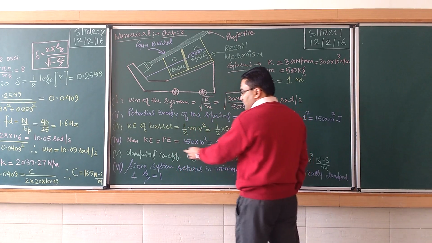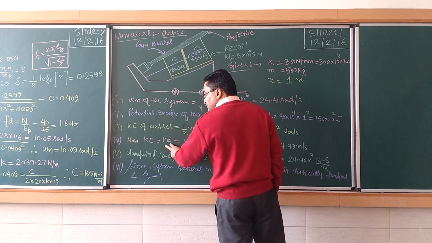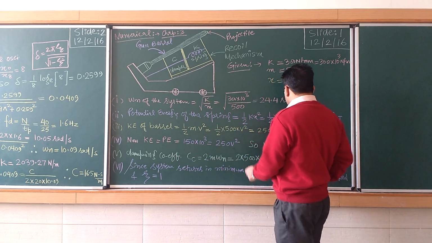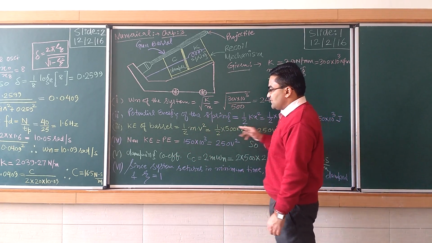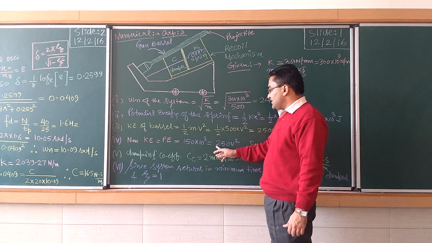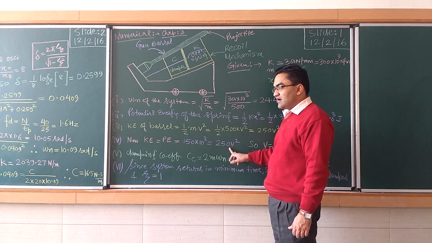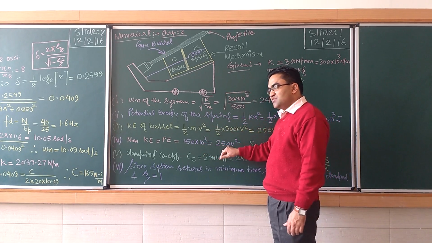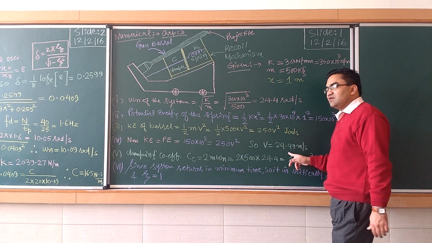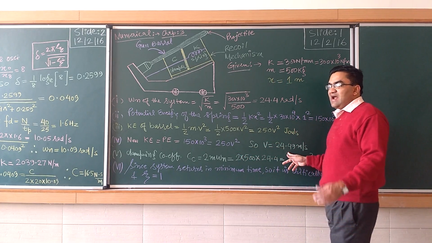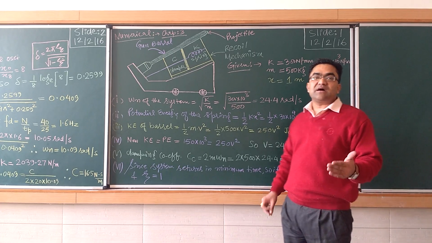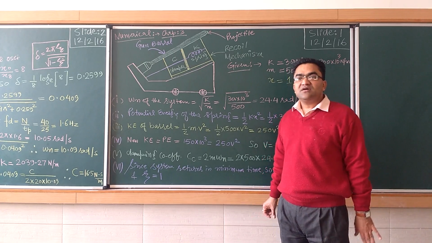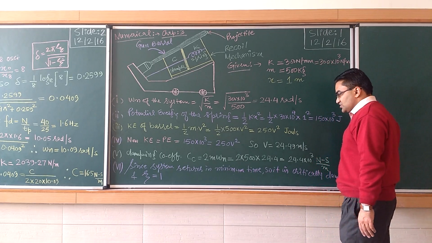So we will compare the kinetic energy as well as the potential energy. 150 into 10 raised to power 3 is the potential energy in the spring, and this is the kinetic energy of the barrel, because the barrel is moving like that. Both must be equal. From here we can find out the velocity of the barrel, at what velocity it is coming back to the original position or the initial position.